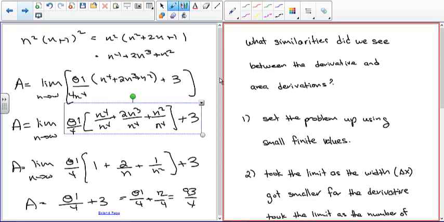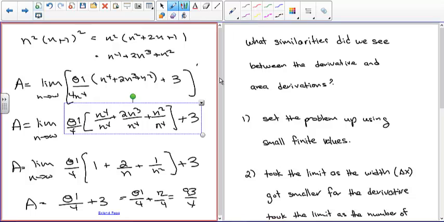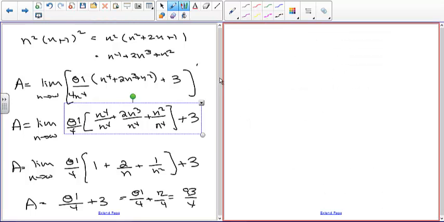Okay. Now, what I'm going to show here is what is called taking a definite integral. I'm going to take the function that I was trying to find the area under the curve for, and I'm going to take the antiderivative of this, which is easy.